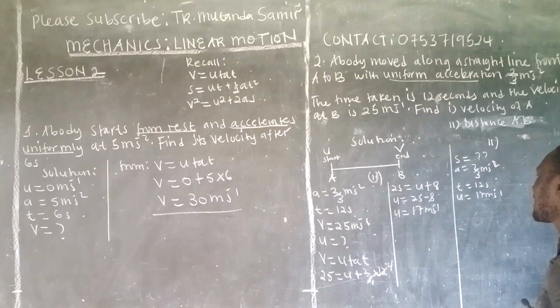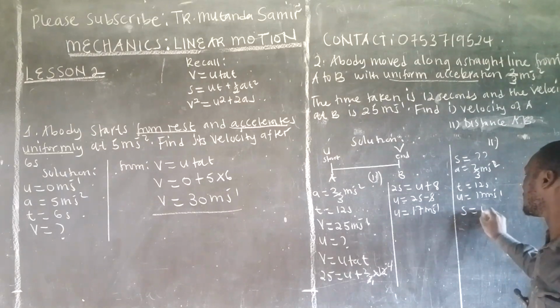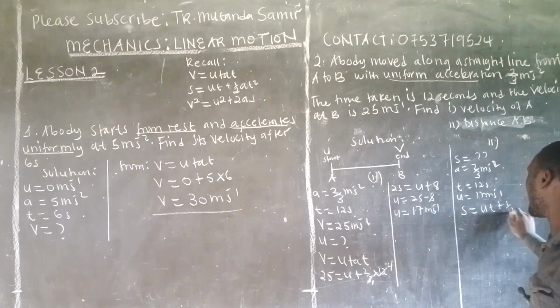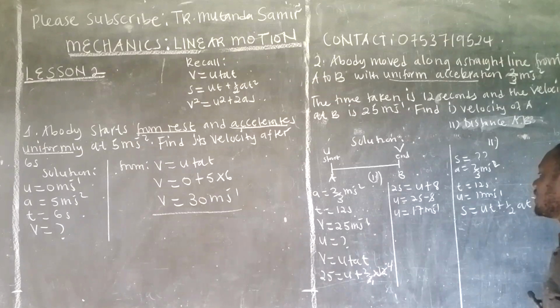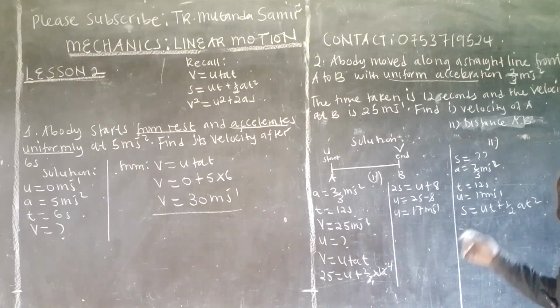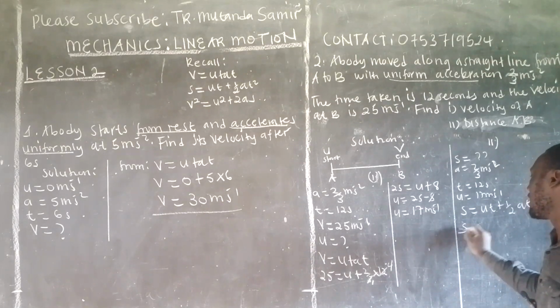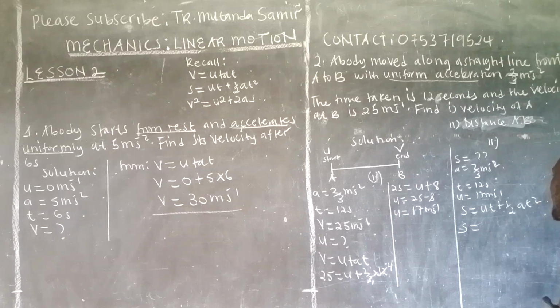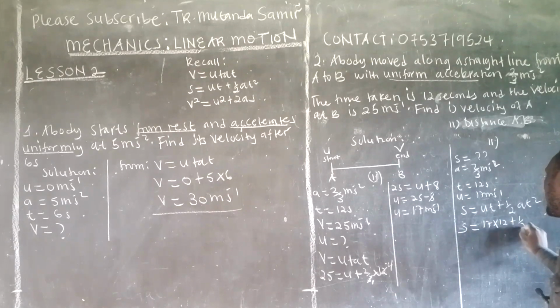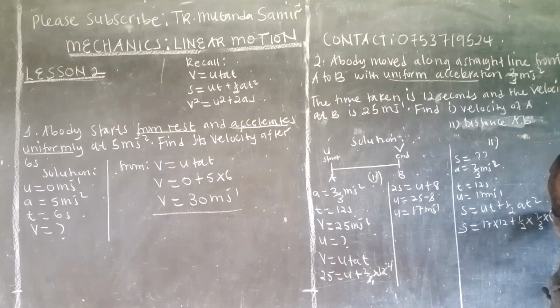Which equation? I think the second equation. So using s is equal to ut plus half at squared, that's what you shall use to get the displacement. Distance is the same as displacement, please, as far as these equations are concerned. So s is equal to u, which is 17, times t, which is 12, plus a half times acceleration, which is 2/3, times t, which is 12 squared.